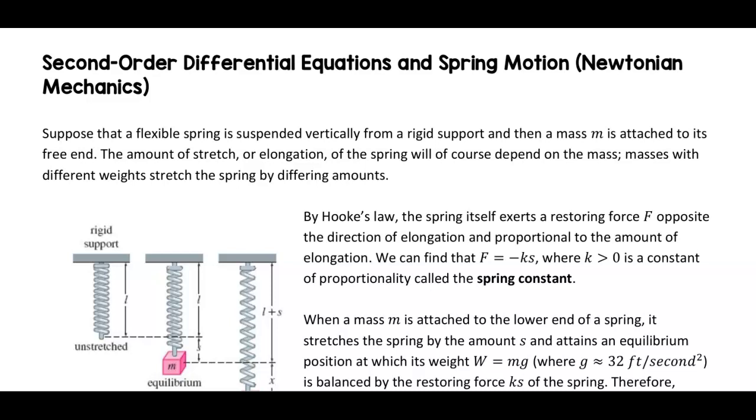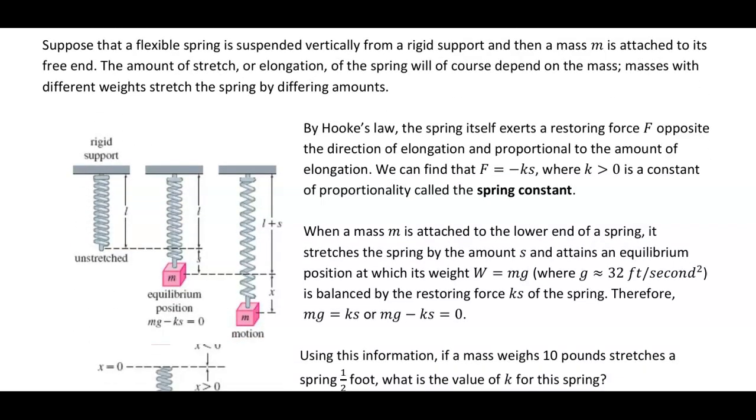The amount of stretch, or how much that mass pulls on the spring, is of course going to depend on the mass itself. Now, unstretched, it's just going to sit here. The mass is going to put some kind of stretch on that.